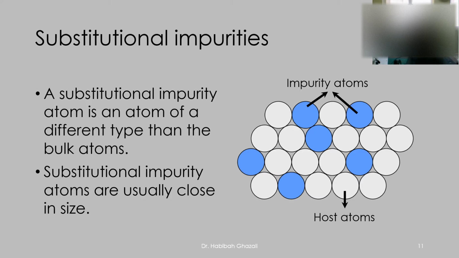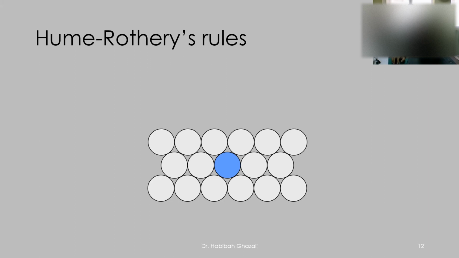There are rules that need to be fulfilled for the impurity atoms to sit at the lattice point of the host material, and these are called the Hume-Rothery rules. Going back to our lattice structure, with the impurity atoms in blue, the only way this atom can sit in that lattice point is if its size is no more than 15% different from the size of the host material. That's the first rule that needs to be fulfilled for the impurity atoms to actually replace the host material.